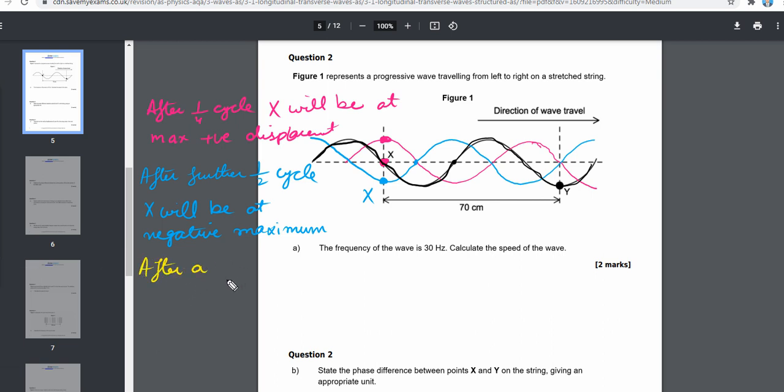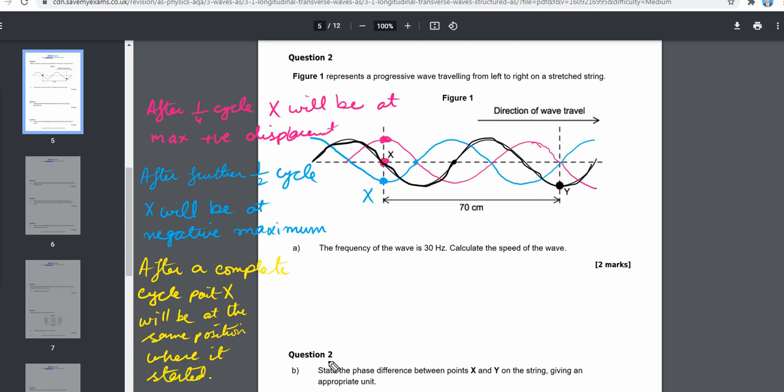After a complete cycle, point x will be at the same position where it started. So this is how point x will vary. After the quarter cycle, it goes to positive maximum. After a further half cycle, it goes to the negative maximum, and after a complete cycle, it comes back to the same position from where it started.